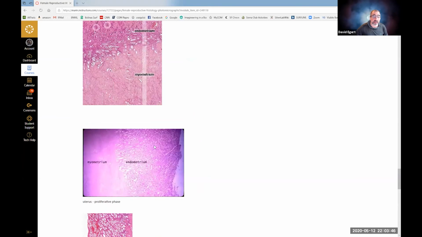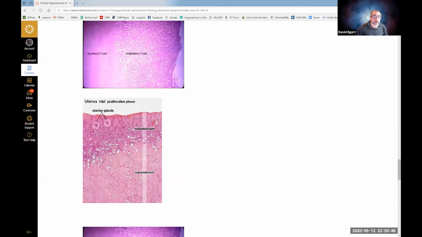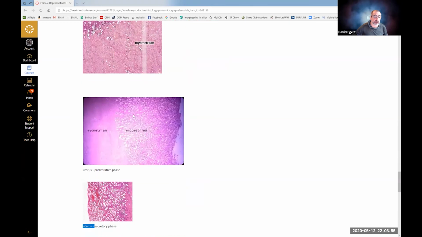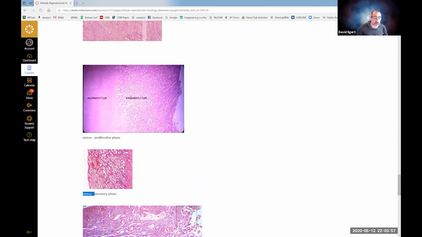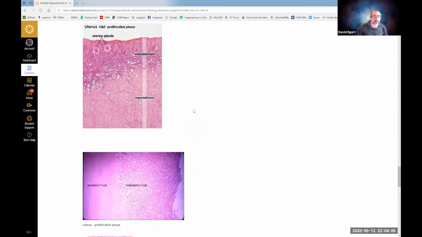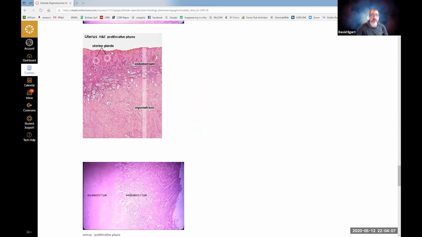And then after that, you're going to come back to the proliferative phase where it's going to start regrowing again. And then it'll be secretory phase where it's got big, well-developed glands, thick layer. And then boom, it'll disintegrate again and it's menses, and then it'll come back in proliferative phase and it'll regrow, on and on and on.